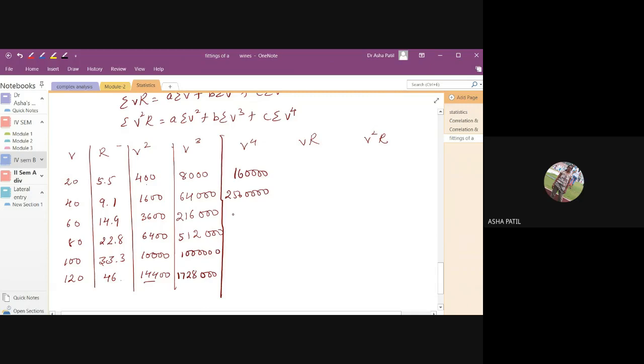How much is this? 216 into 6. 1296, and how many zeros? 4 zeros. 4096. Which value? Next one.